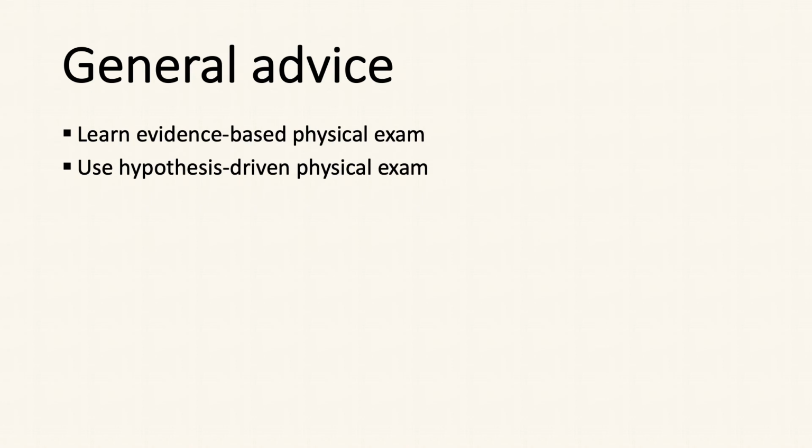Use a hypothesis-driven physical examination, and always try to think about the differential diagnoses while you're doing the examination, and be specific in what you're looking at and why. Be systematic, have your own approach.